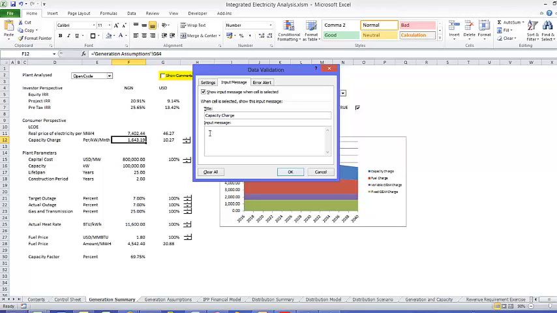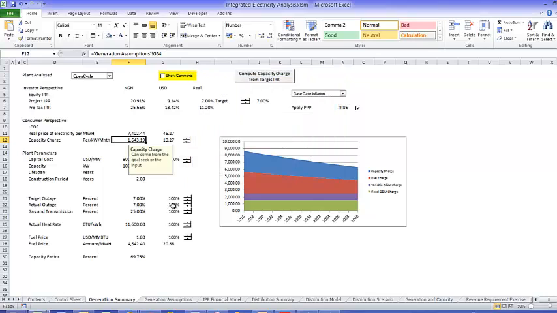And this can come from the goal seek or the inputs. Okay, that's not a great description.